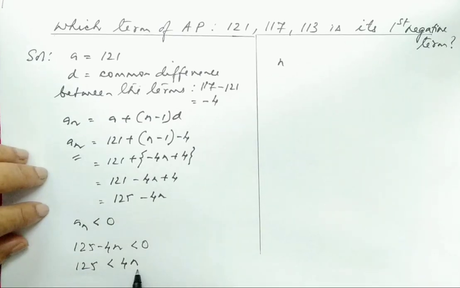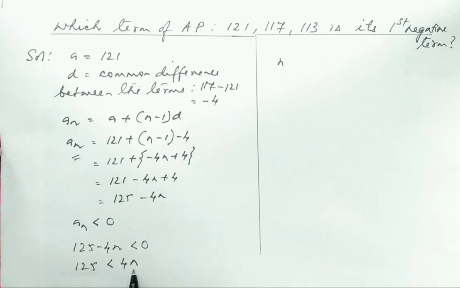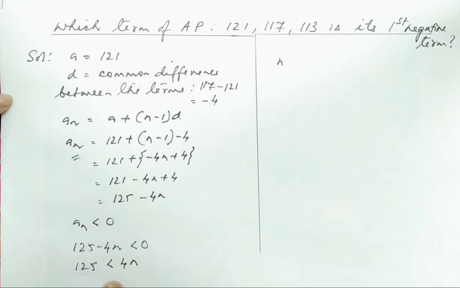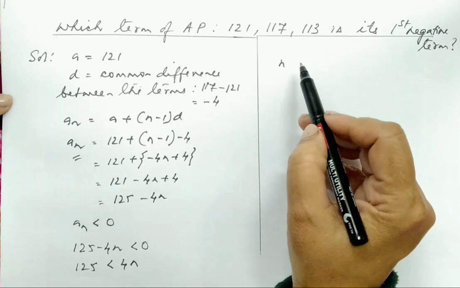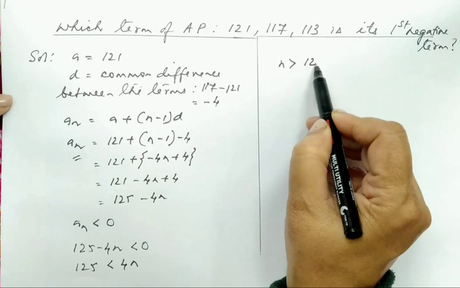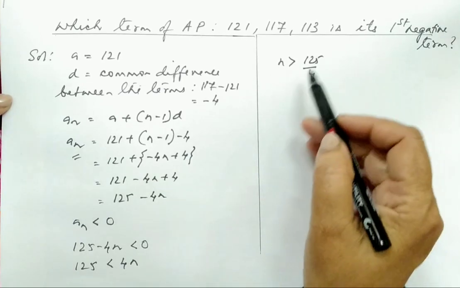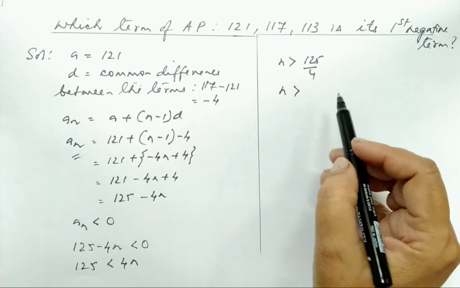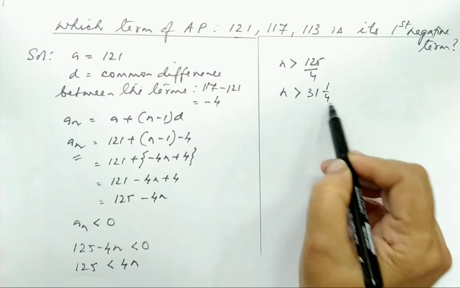Definitely greater, because the mouth of the inequality opens this side. I'm sure you remember we used to do this in lower classes. So we have n greater than 125 divided by 4. Since this is an improper fraction, we convert it into a mixed fraction, so we have 31 1/4.